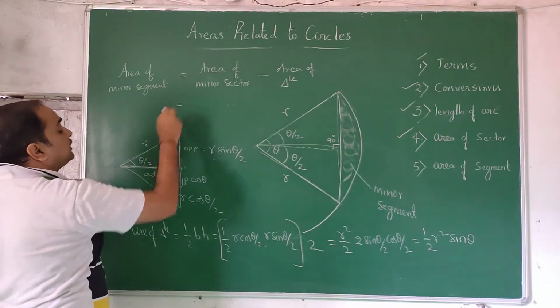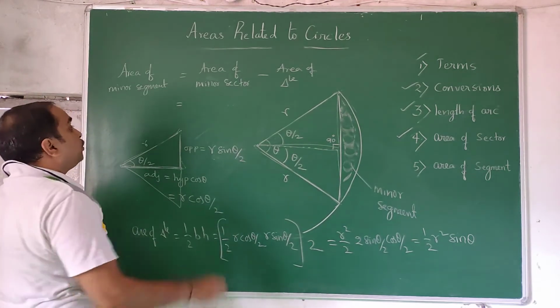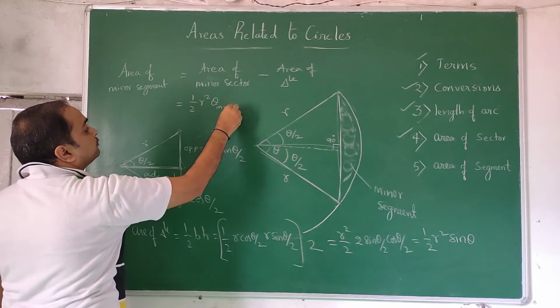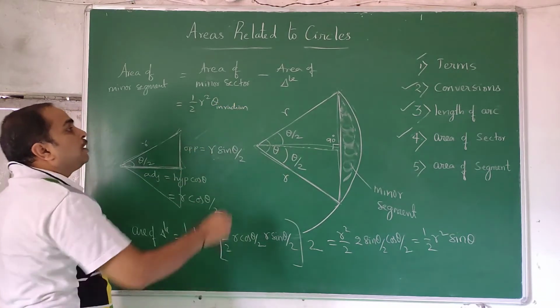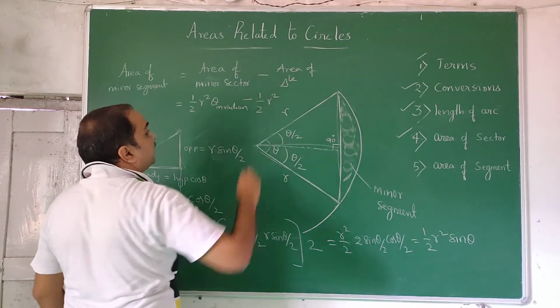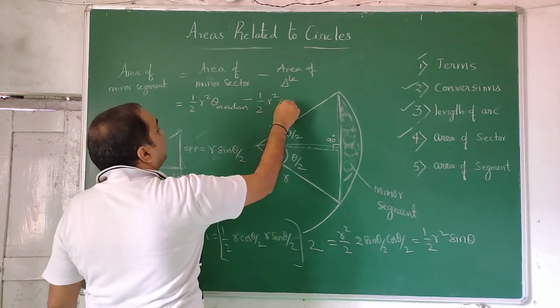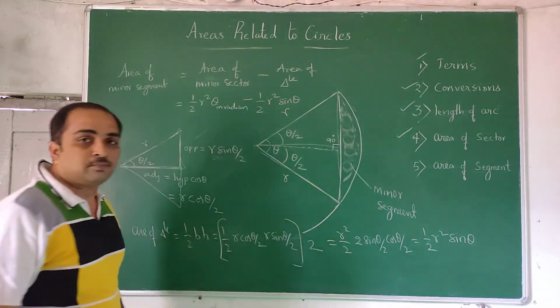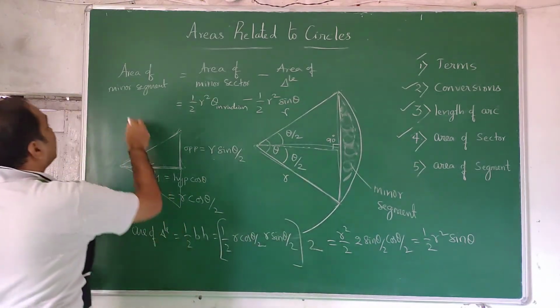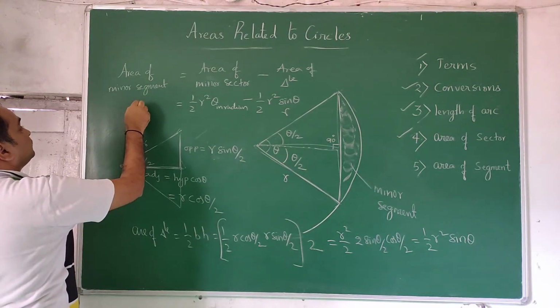So, area of minor sector, I told you, half r square theta in radian, minus area of the triangle. Now you got half r square sine theta. This is the formula. Area of segment.